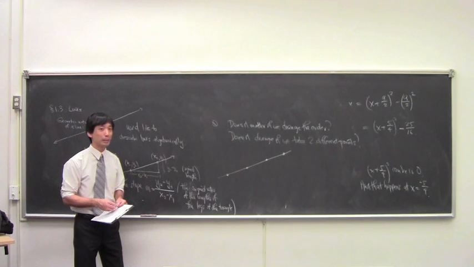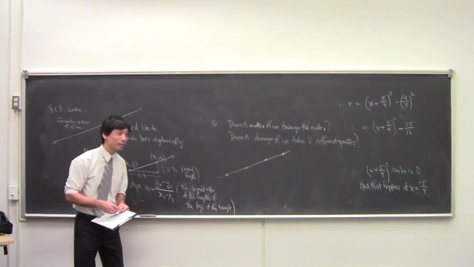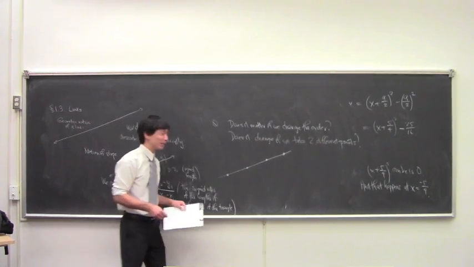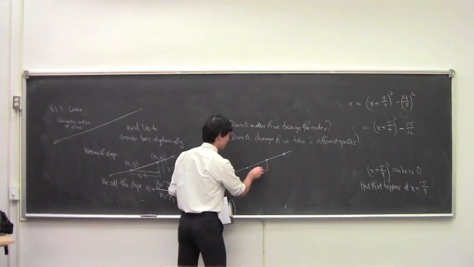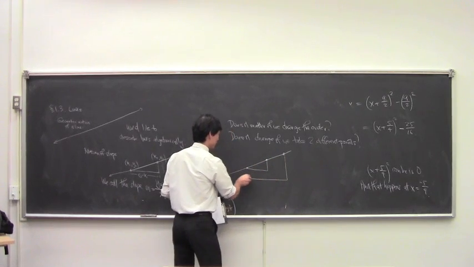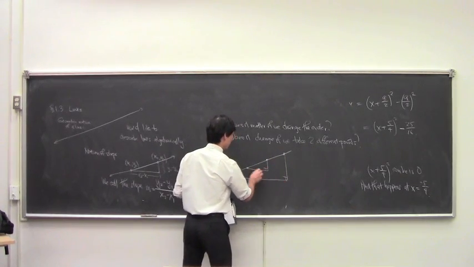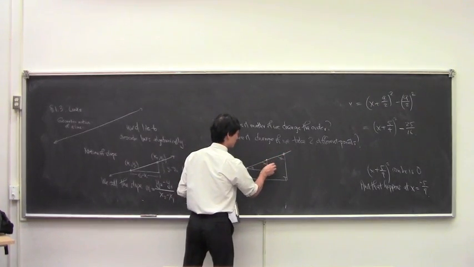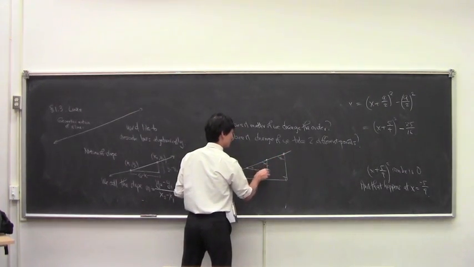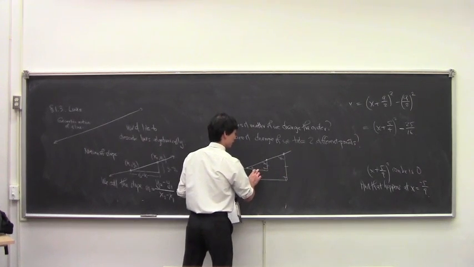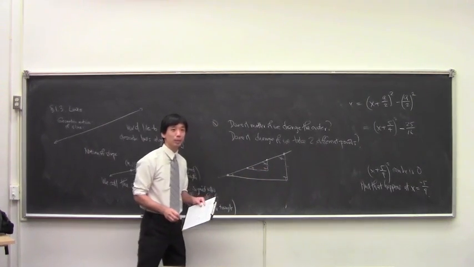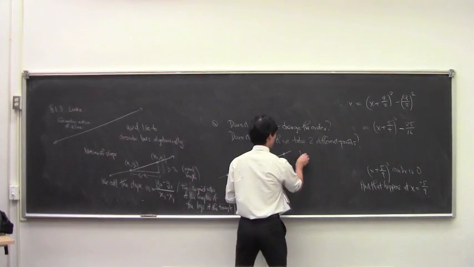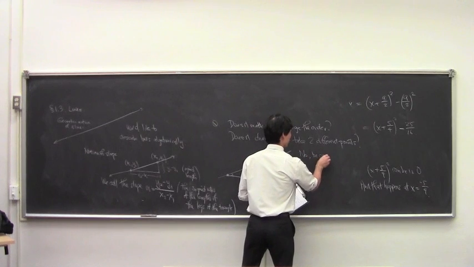Because it's the same line. Similar triangles is right. You've got a triangle here and a triangle here, and these are the same angle. So the ratio of this length to this length is the same as the ratio of this length to this length. By similar triangles, the ratios are going to be the same.